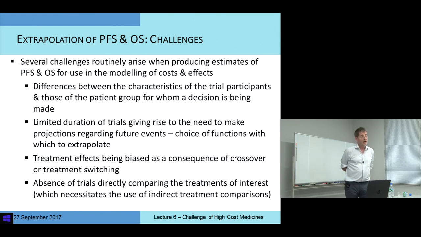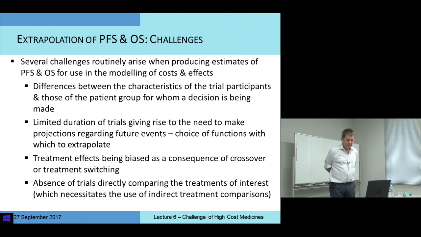Typically, in routine practice, patients are older, and they may have had more pre-treatment and failed it. They may also have more comorbidities. And so one challenge you've got is trying to predict what will happen to routine patients from using trial data.